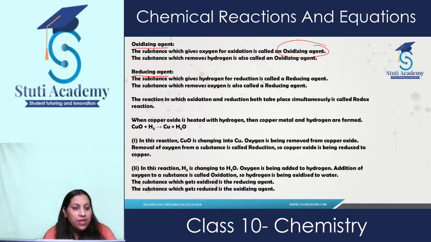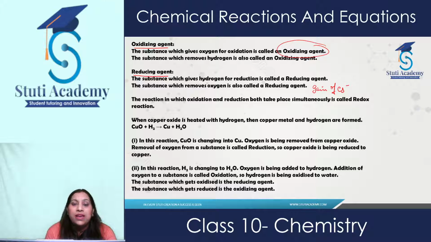And reducing agent is that agent to which we are adding hydrogen or from which removal of oxygen takes place or gain of electrons. So those substances are known as reducing agents. Sometimes oxidation reaction and reduction reaction take place simultaneously.